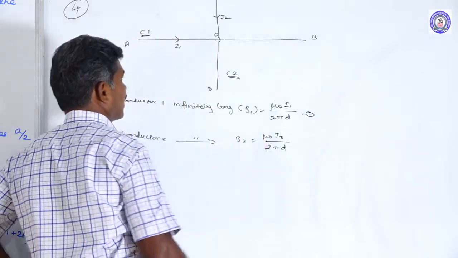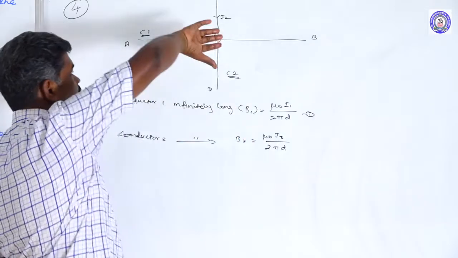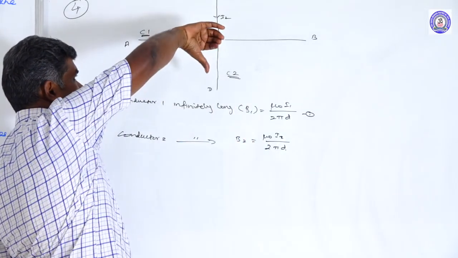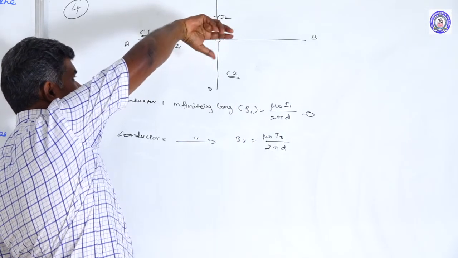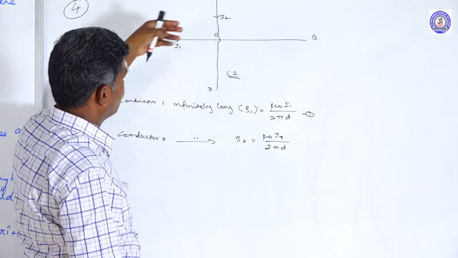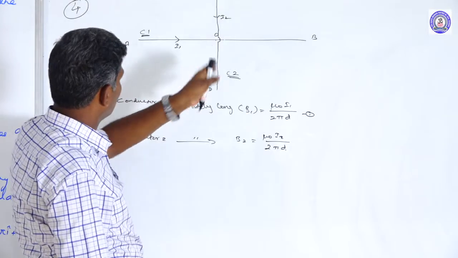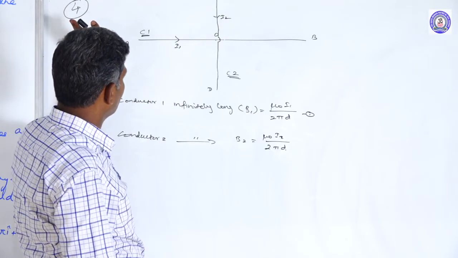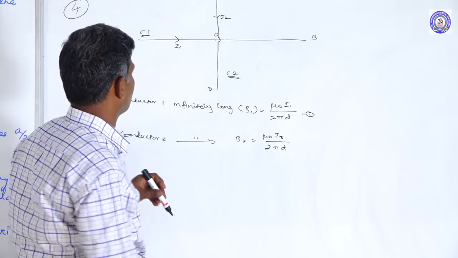The direction of this second magnetic field, due to the right hand rule, is upward, that is towards the A direction. One is towards the D direction and the second one is towards the A direction.